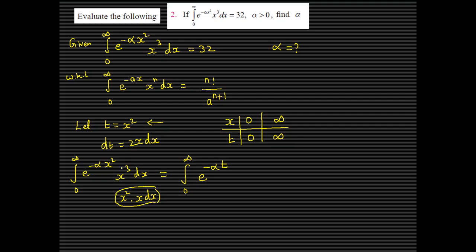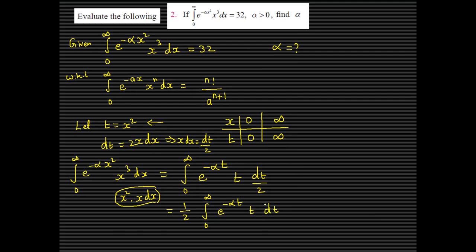For x square I can substitute t. For x dx, from here, x dx is equal to dt by 2. So let me put dt by 2. Since 1 by 2 is constant, I can take it outside. So 1 by 2 integral 0 to infinity e power minus alpha t into t dt.